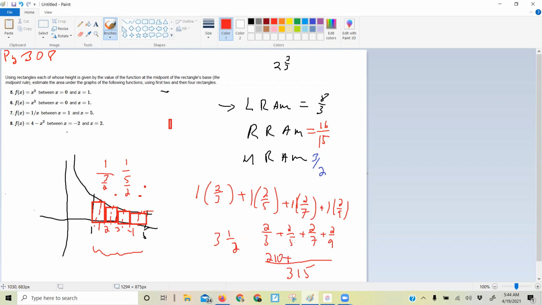Plus, I got to multiply the 2 times 63, right? So that's 126. Plus the 7 gets multiplied by 9 and 5, which is 45. 7 times 45 is 315. No, I didn't do something right.